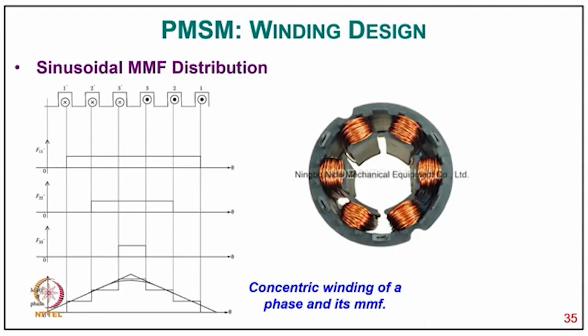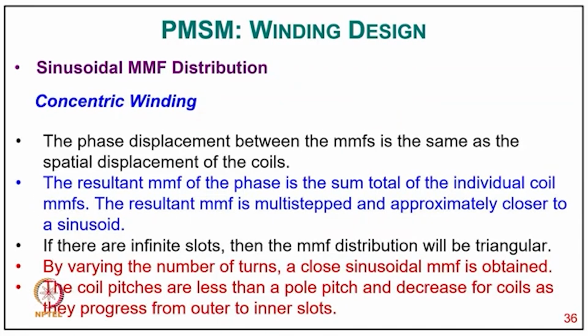You can see how the MMF typically rises and falls with the current direction, as it is a concentric winding of the particular phase, as shown in the diagram. The phase displacement between the MMFs is the same as the spatial displacement of the coils, and the resultant MMF of a phase is the sum of the individual coil MMFs. The resultant MMF is multi-step and approximately closer to a sinusoidal.